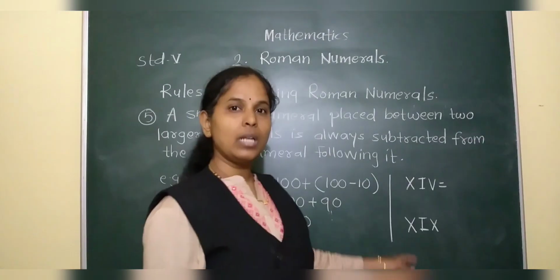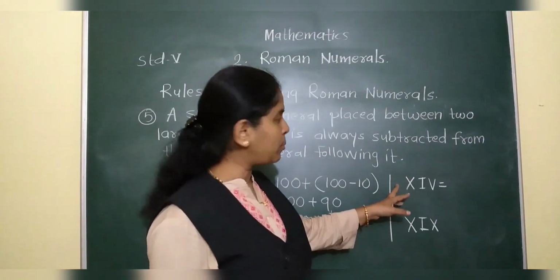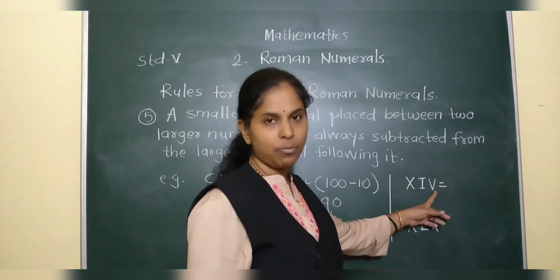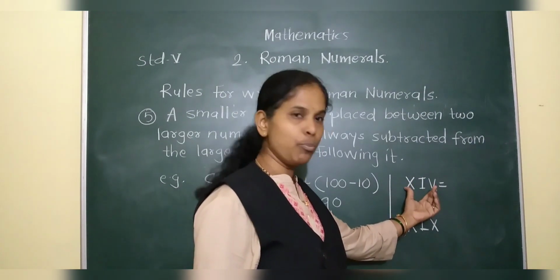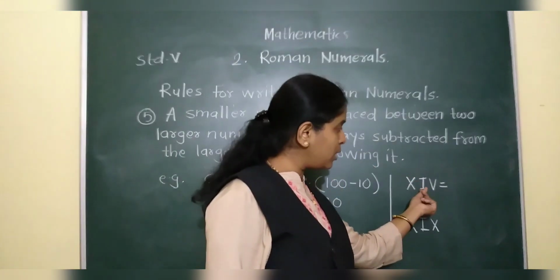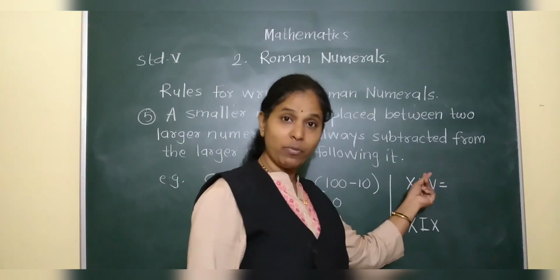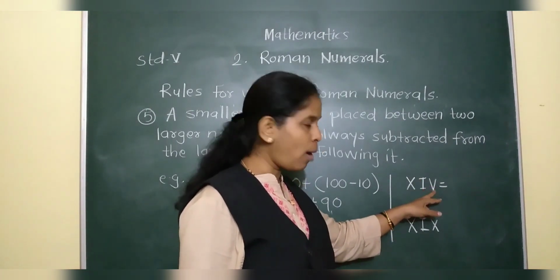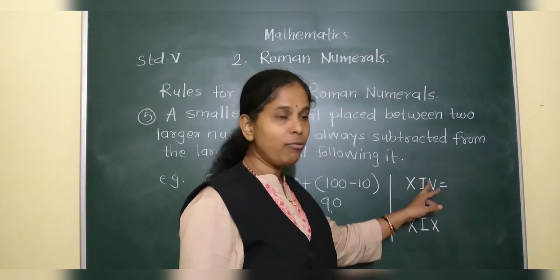Okay. Another example, see one more example. XIV. Now X is 10, V means 5. These are the larger symbols, and I, which is 1, is smaller than these two and is placed in between. So what do we have to do? We have to subtract this 1 from the larger numeral following it.